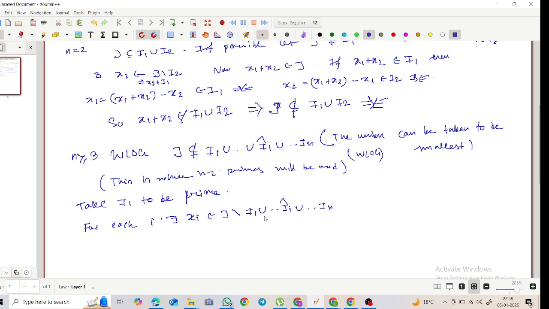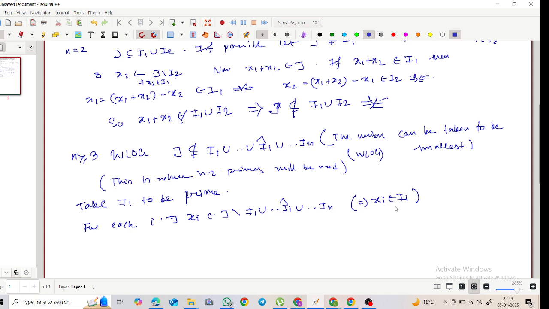Yeah, that was the step written there, which I was struggling to understand. But this invariably means xi is in Ii, right? Because xi is in J, so xi is in the union, so xi is in the union of Ii for i running from 1 to n. But we are saying that xi is not in the union which skips the ith ideal.